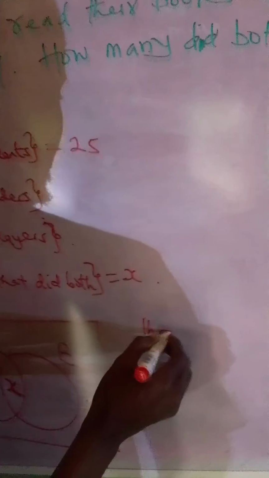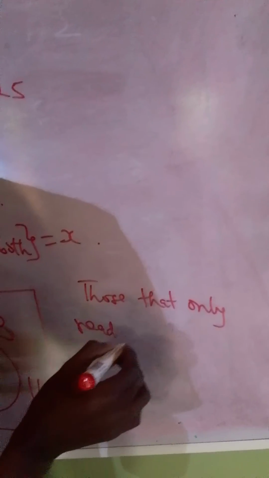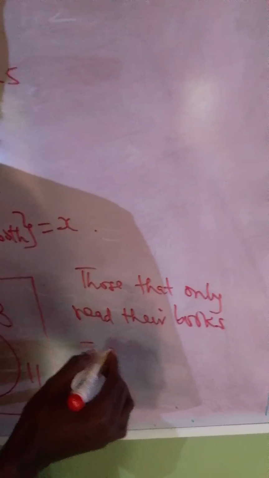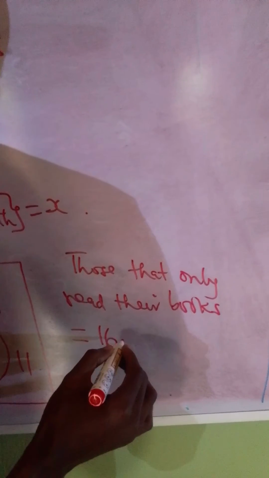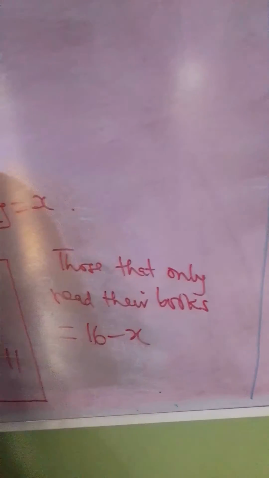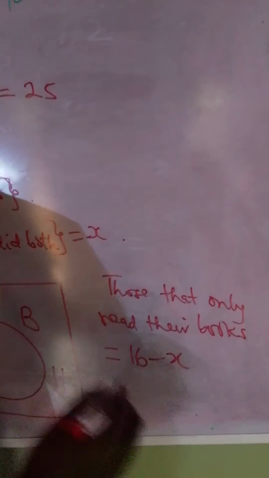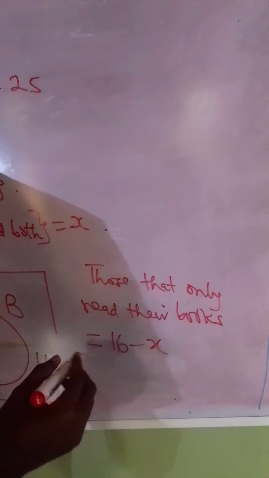So let's find out those that only read their books. They will be equal to 16 minus X. So that is what we call A only.